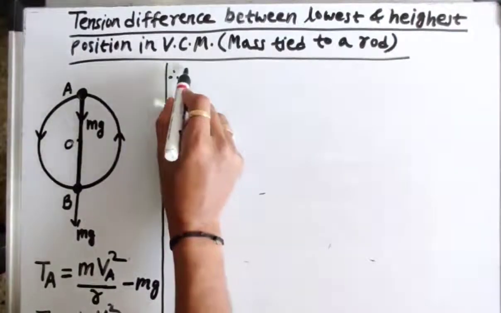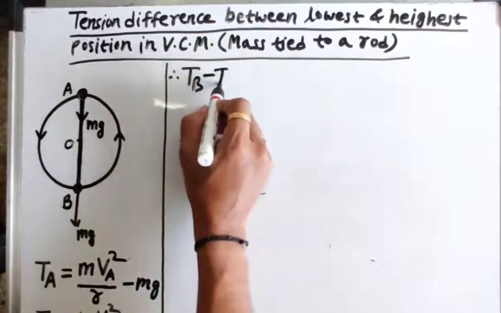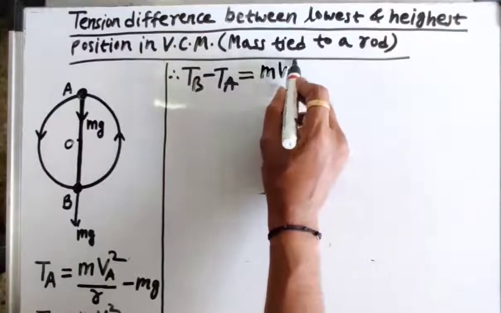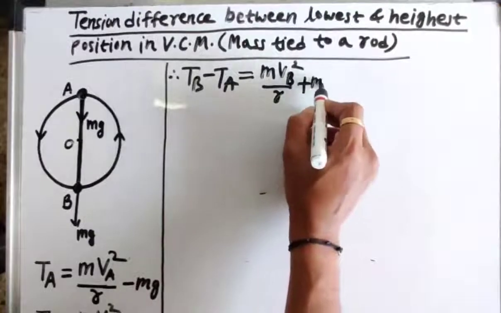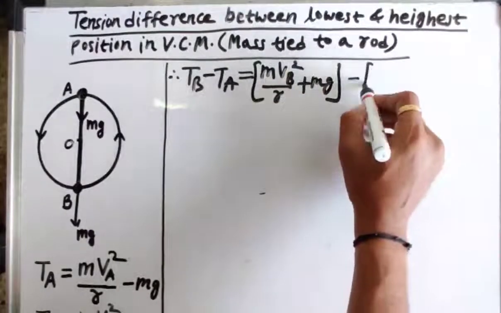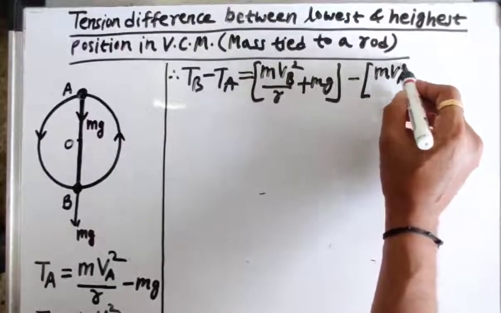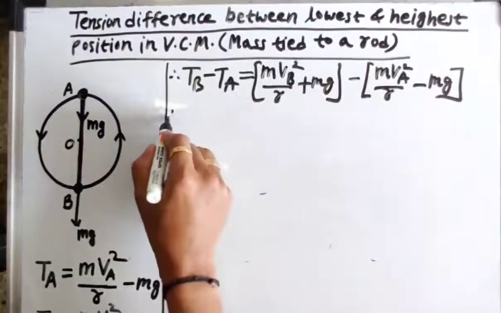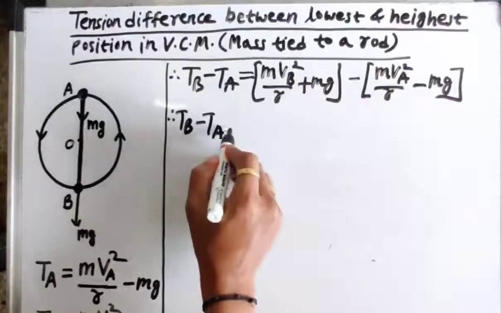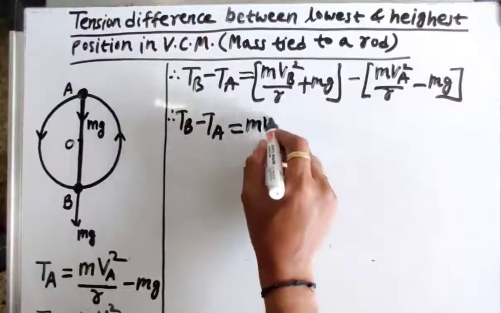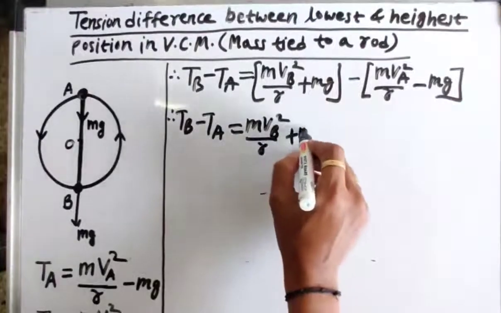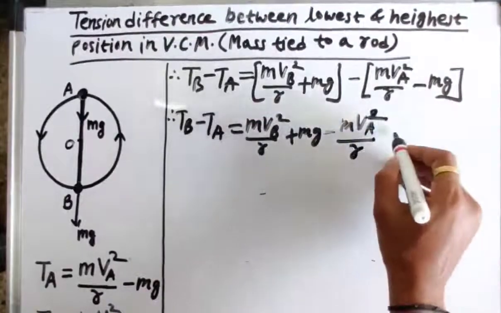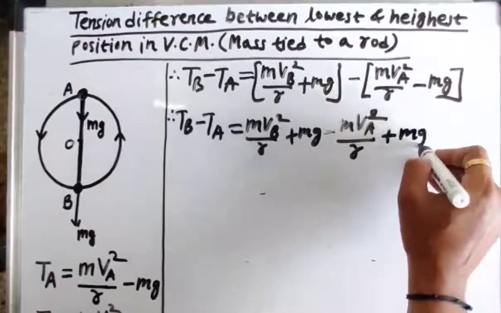Taking the tension difference, TB minus TA, we can write this as m vB square upon r plus mg minus, in bracket, m vA square upon r minus mg. Opening the bracket, we get m vB square upon r plus mg minus m vA square upon r plus mg.